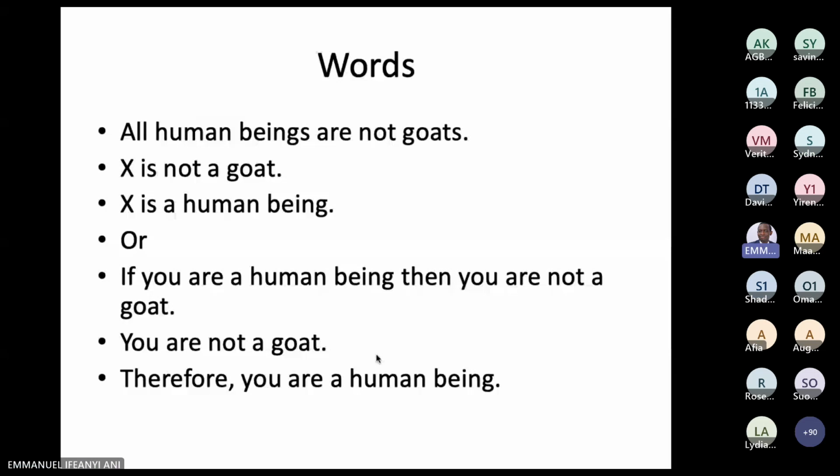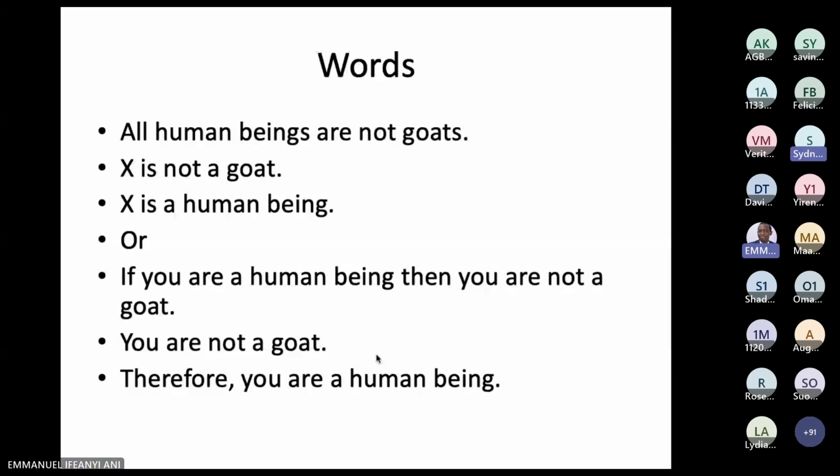Which one? Both are doing different things. X is an A affirms the antecedent. X is not a B denies the consequent.